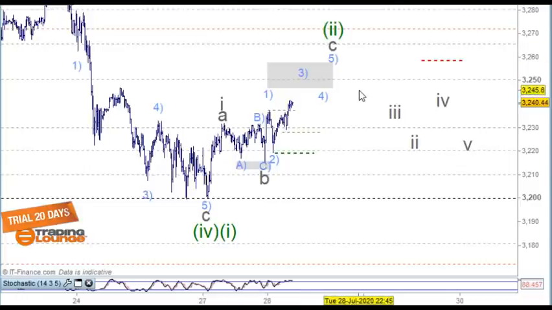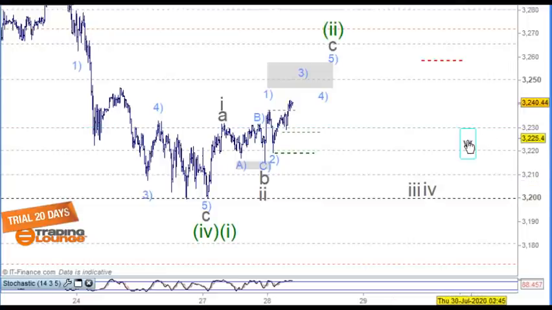So what we'll have here at the 3250 is, let me just move these here a little bit. Just put these out of the way for a moment. Yeah, so let's just imagine that this goes up here. This is wave 3 here for this.